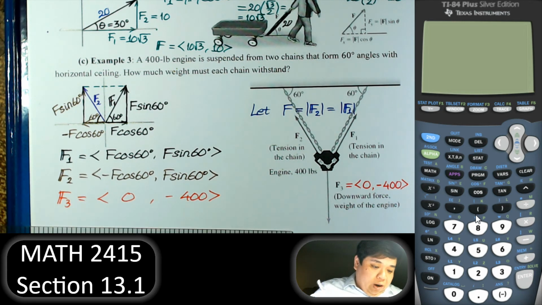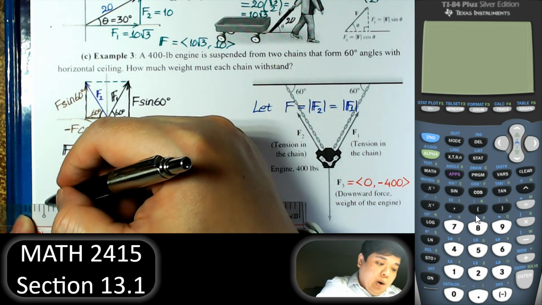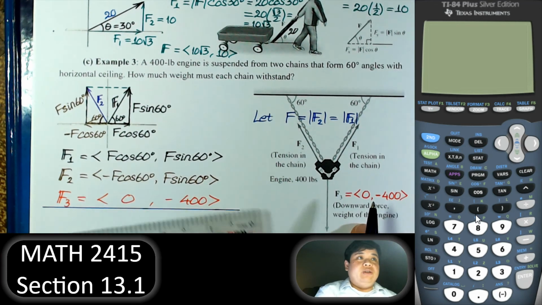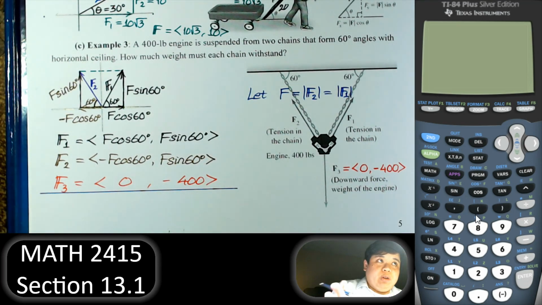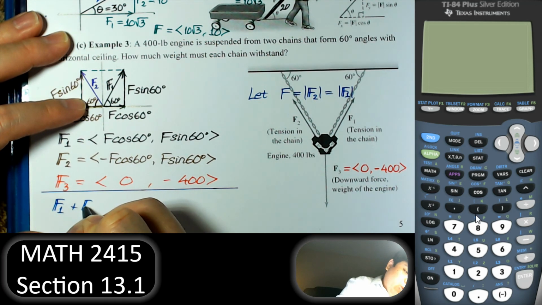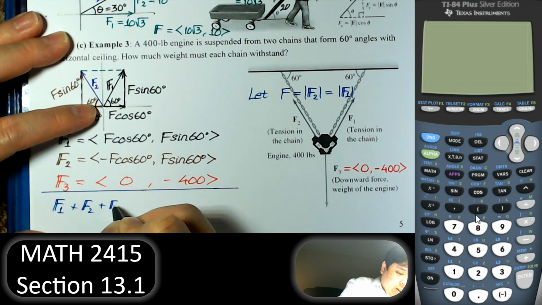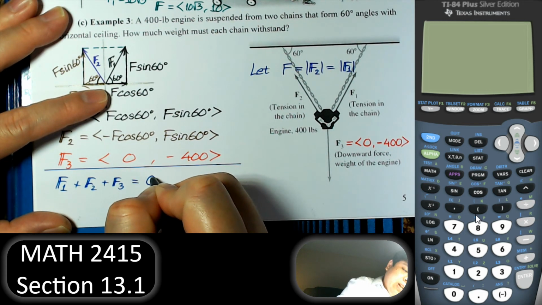Now also one thing in physics: if the system is not moving, meaning all the vectors add up to 0. Because it is suspended, nothing is moving. So F1, the sum of the 3 vectors, is equal to a 0 vector.